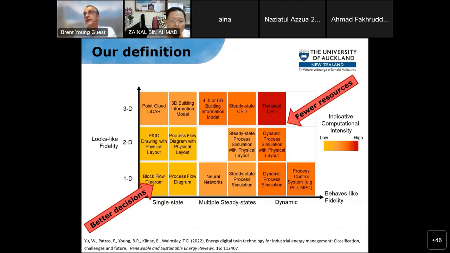As you go down that diagram from the top right to the bottom left, you've got fewer resources required to build your digital twin. So that's something to bear in mind. It's horses for courses: the model should fit the purpose for what it's designed for.